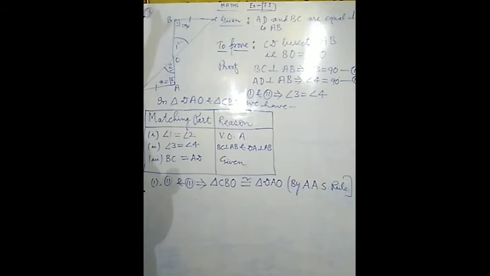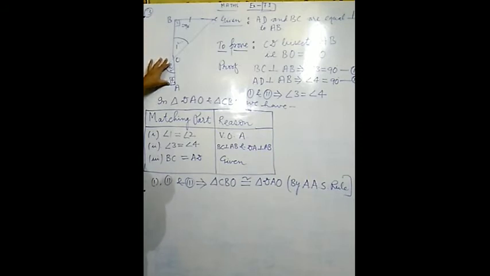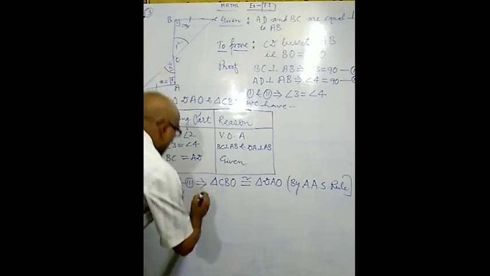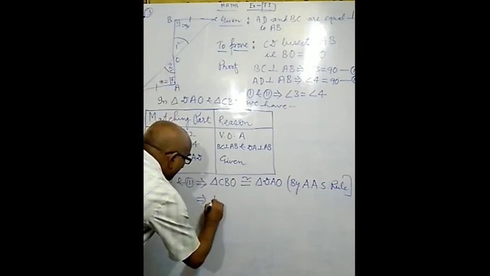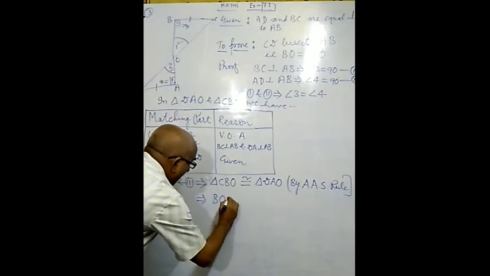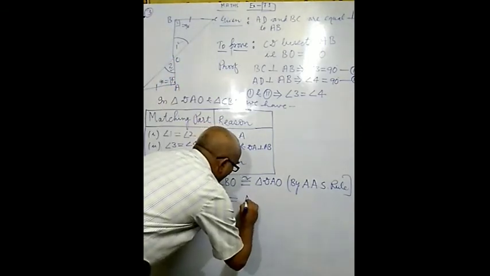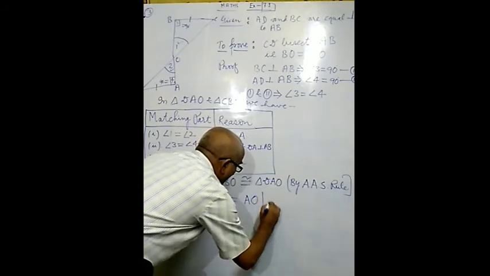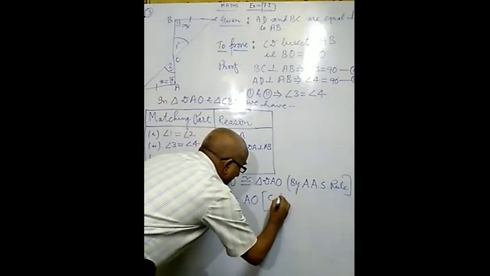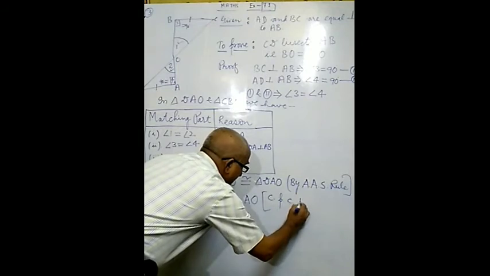Now the upper triangle is congruent to the lower one. So what can be proved by CPCT? BO of the upper one equals AO of the lower one by CPCT, as these are corresponding parts of congruent triangles.